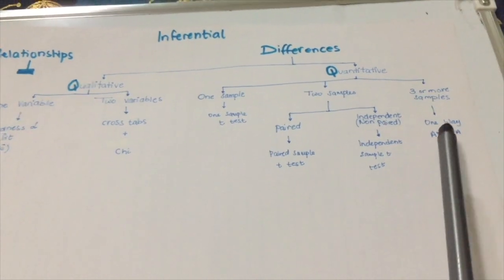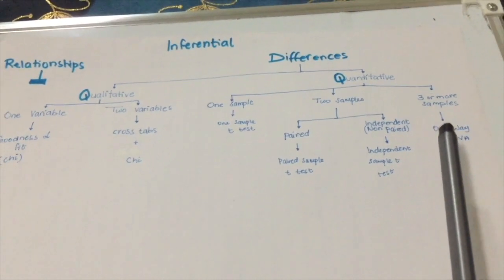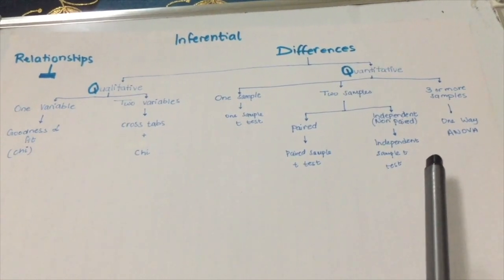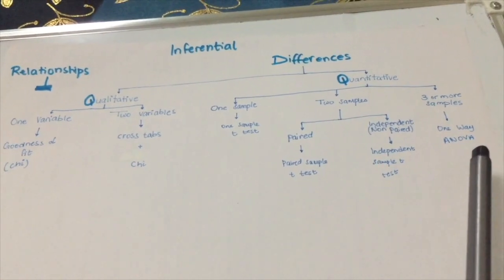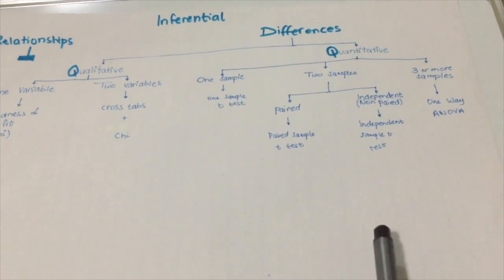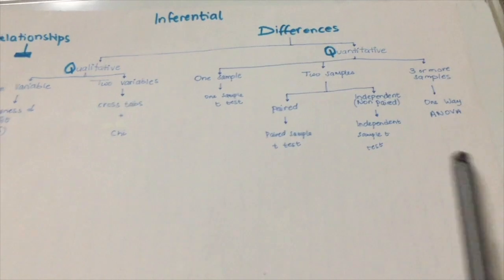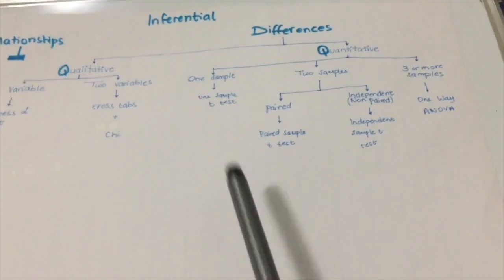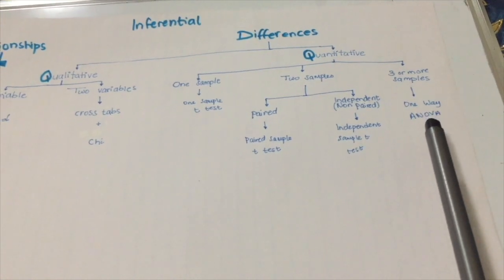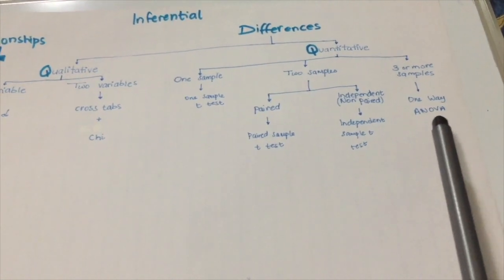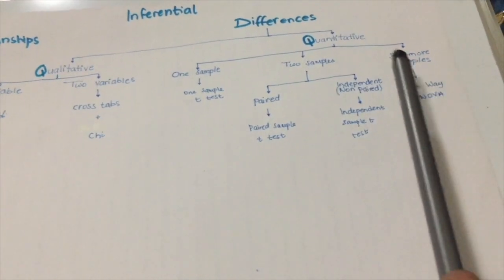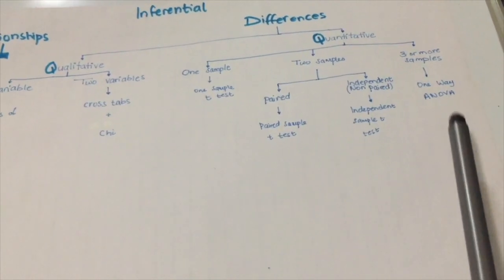Now, if we were doing the exact same study, but instead of on gender, on age, so we've got the weight compared to age, and we're dividing age into different groups or categories, for example, young, middle-aged, old, very old, or something like that, then when it comes to the qualitative variable, the variable that's in groups, has 3 or more samples, then we're going to be doing one-way ANOVA.